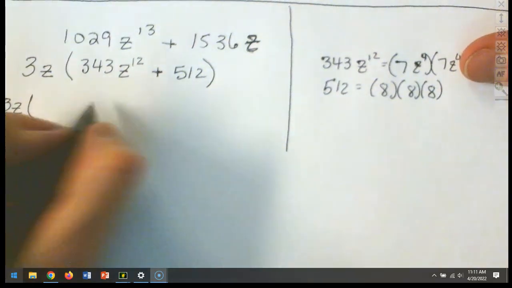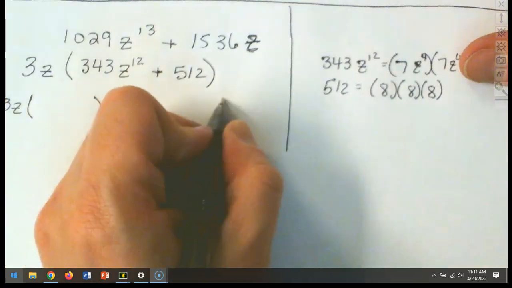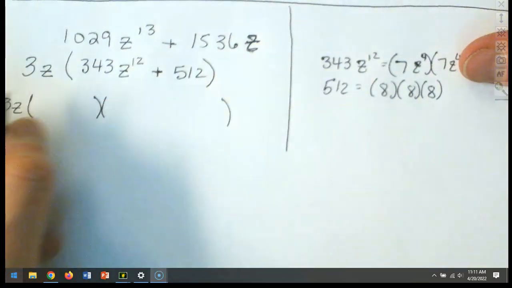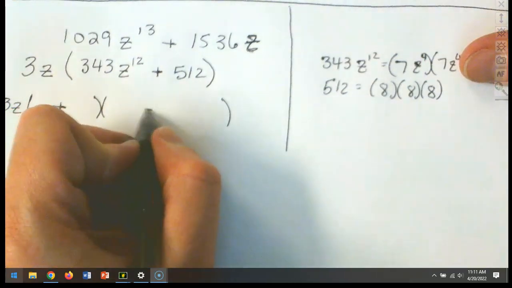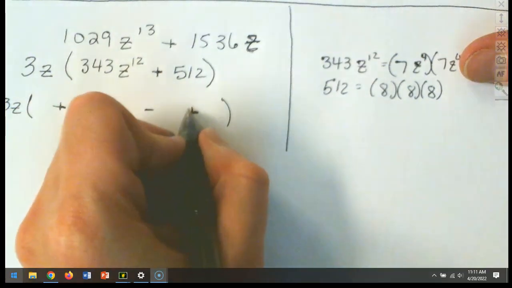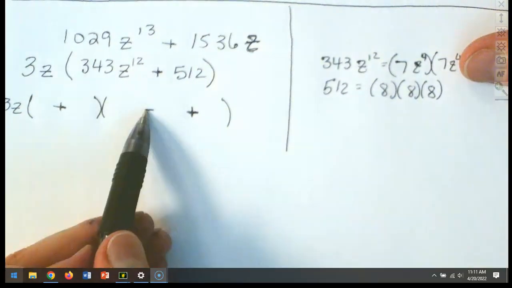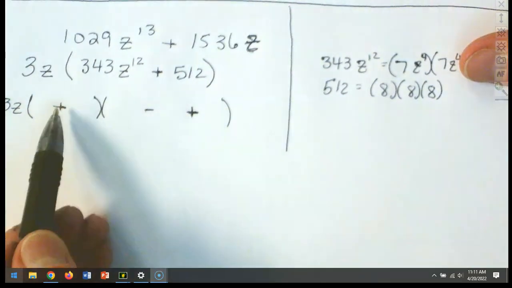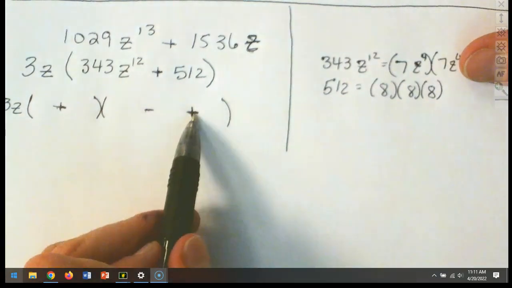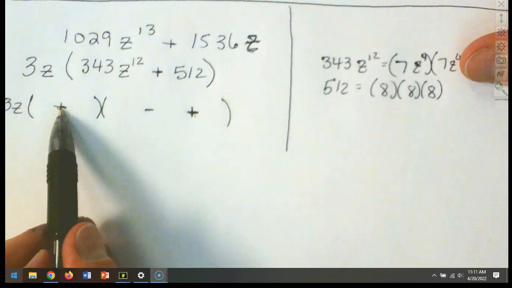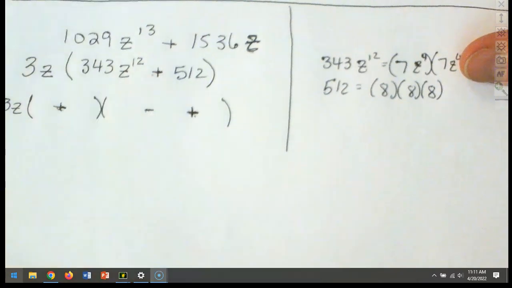Sum of cubes, here's how I remember. It starts off with the sign, so it's plus, and then it switches, minus, plus. So the sum is plus, minus, plus. The difference is minus, plus, plus. It always ends in a plus, and the first piece is whatever you've got up here.